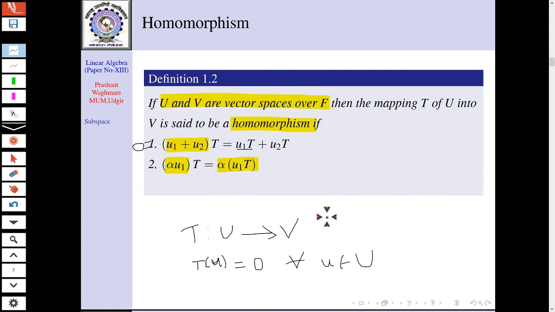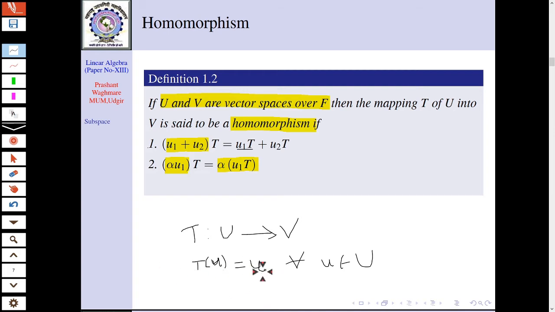Okay, right. And also one can observe the identity mapping. Now what is meant by identity mapping? Identity mapping is nothing but a mapping of this kind. I'm writing that mapping here: T of u is the same as u.